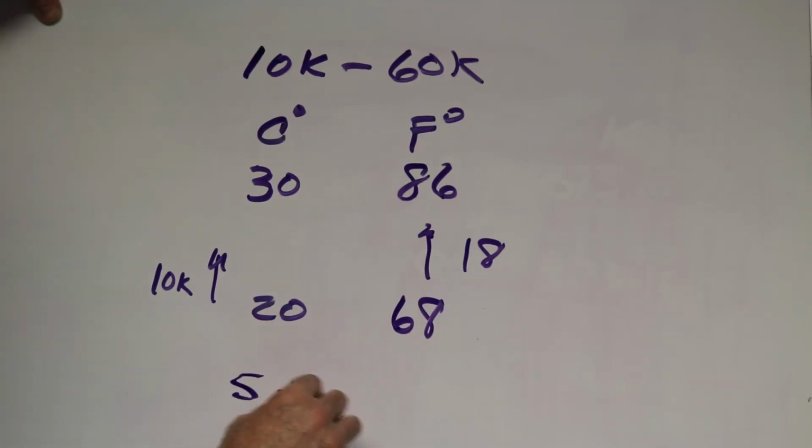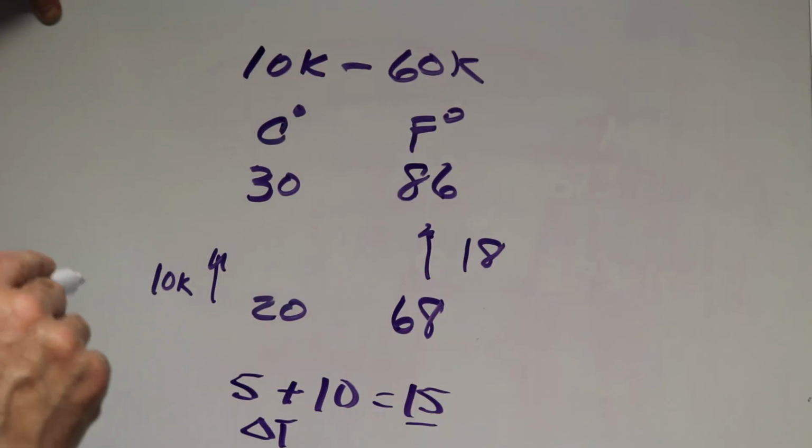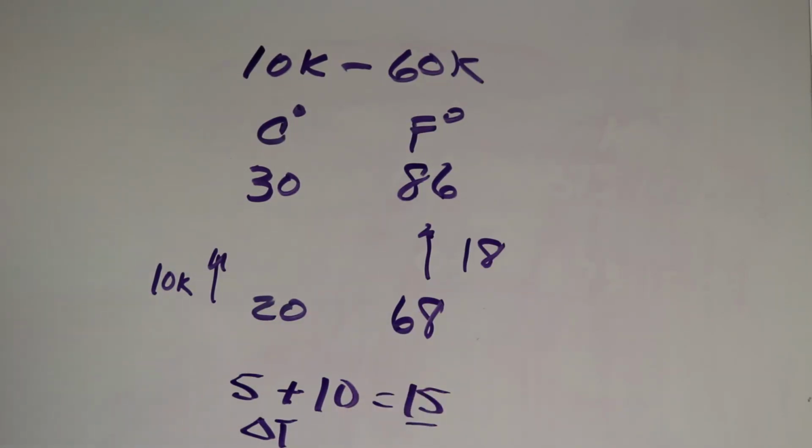So if I take 5 plus 10, because I was in Celsius, then my new trigger point or my alarm point now is 15. So as that filter becomes clogged, it starts at 5. And I was trying to show you how in the display how it starts to move upward. And so it went to 5, and as soon as it would have reached 15, that's my alarm point, and that's when I get an A03 on my display. So that's kind of what's in behind your filter monitoring.